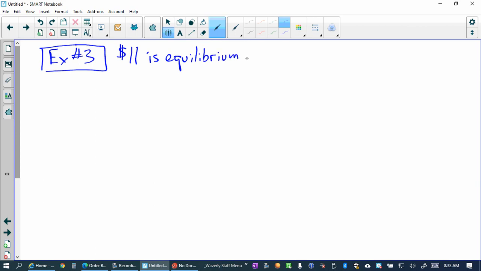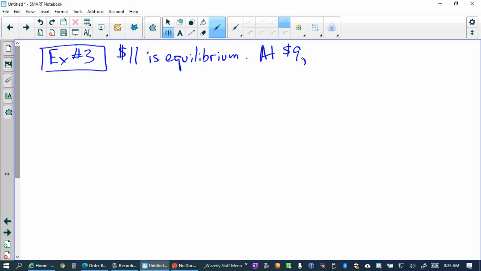Okay, so what will happen if the price is down at $9? What happens? Well, why? So at $9, right, demand compared to supply is what? No, it's a lower price. Demand would tend to be higher, right?